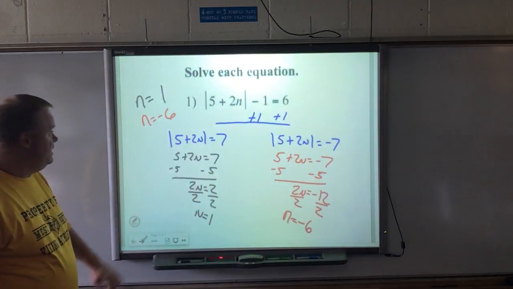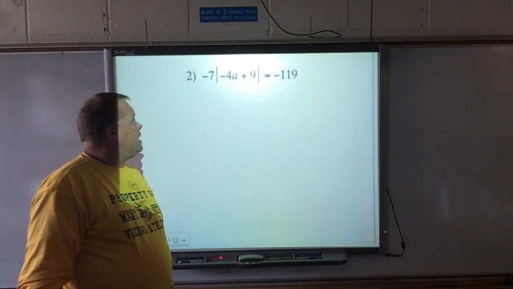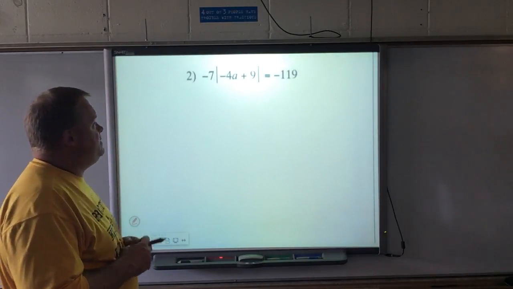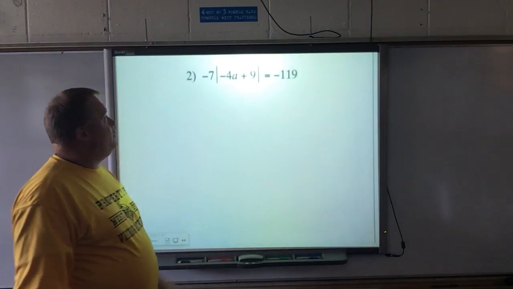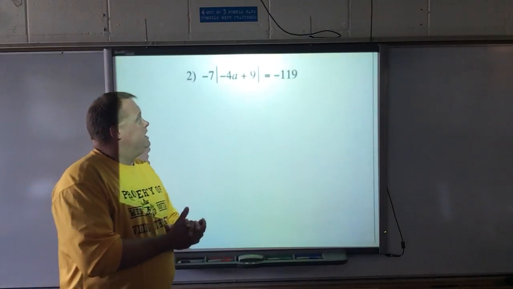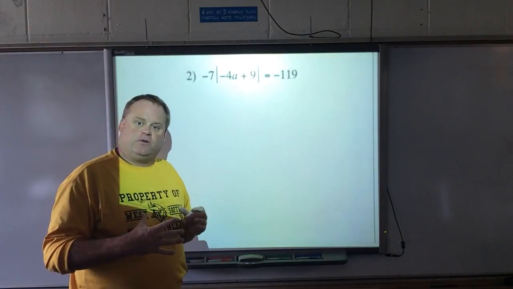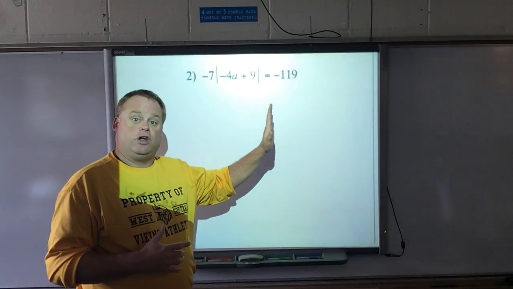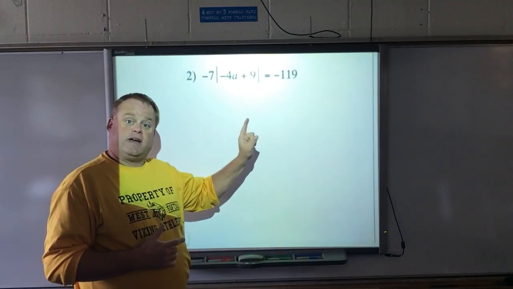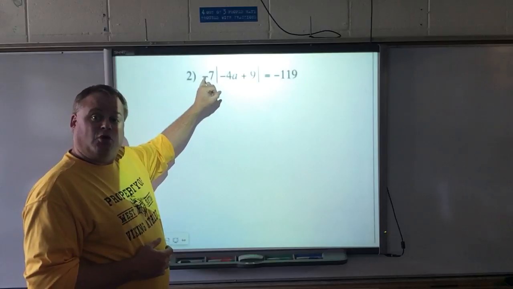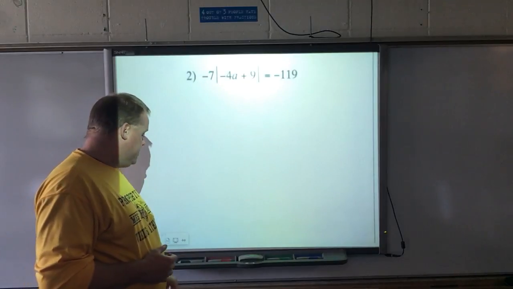Moving on. Example 2 for you. I have negative 7 times the absolute value of negative 4a plus 9 equals negative 119. And you might be thinking to yourself, wait a second, it's set equal to a negative 119. It is right now, but notice this negative 7 that is multiplied by the absolute value.